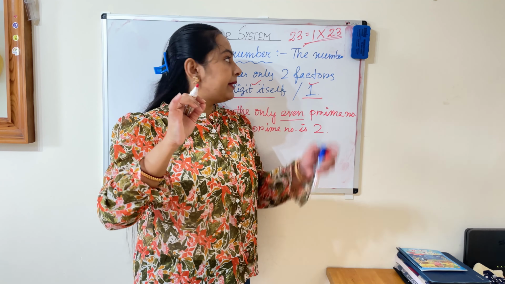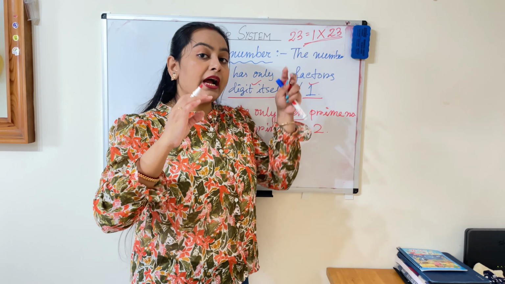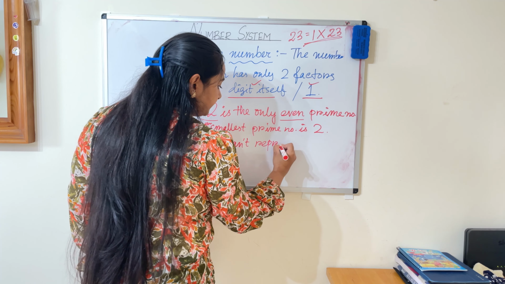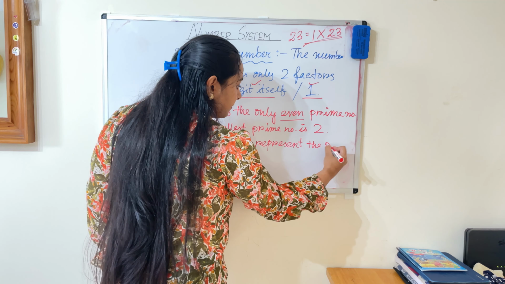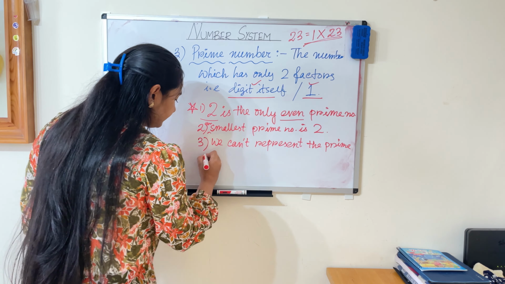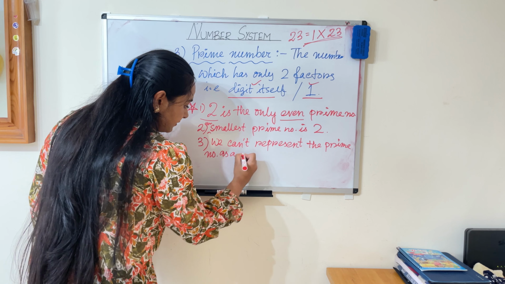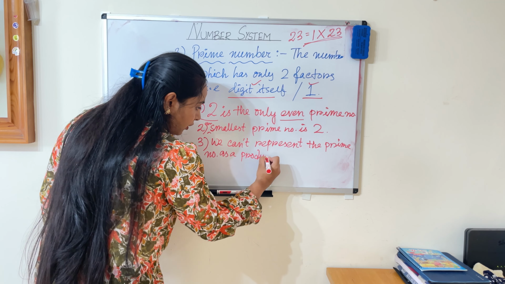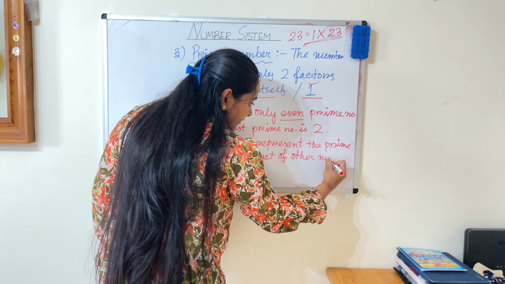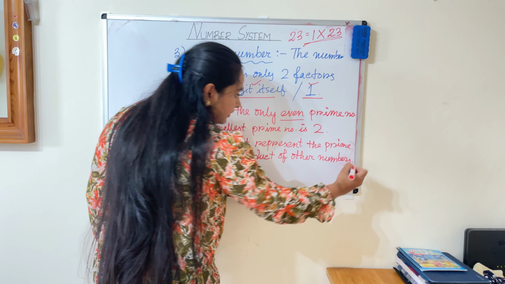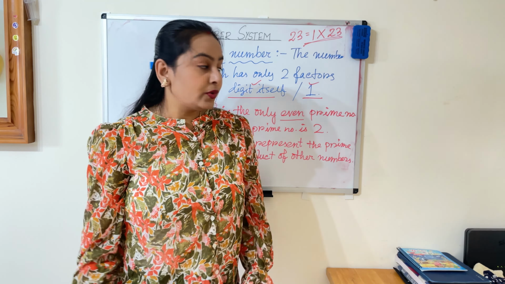We can't represent this number as a product of other pairs of numbers, right? So we can't represent the prime number as a product of other numbers, right? So these are some important points about the prime numbers.